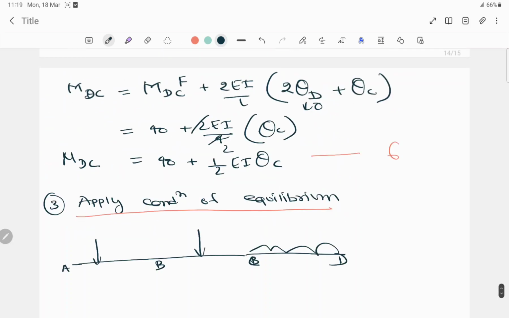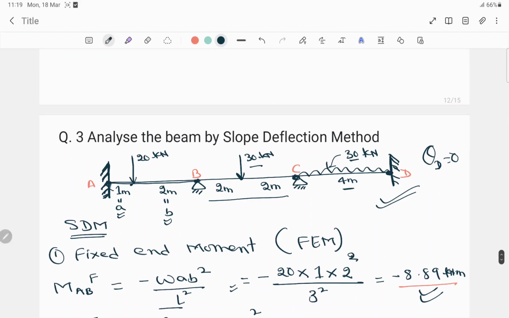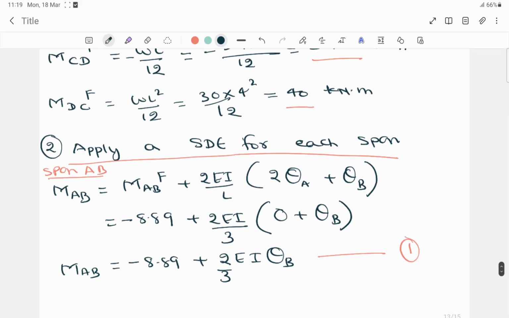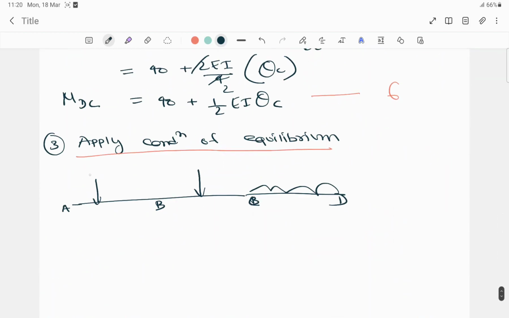The loads were 20, 30, 30, and the spans 1 to 2 meters, 2 to 2 and 4, I guess. So this was our beam.